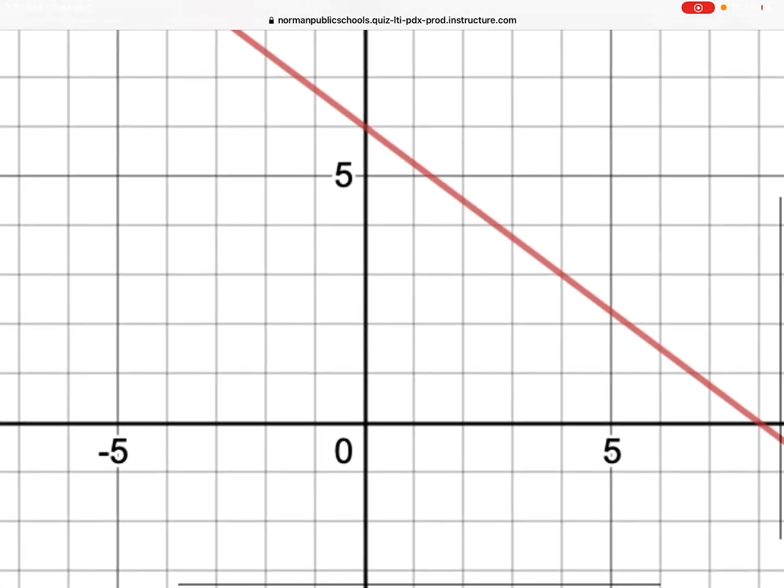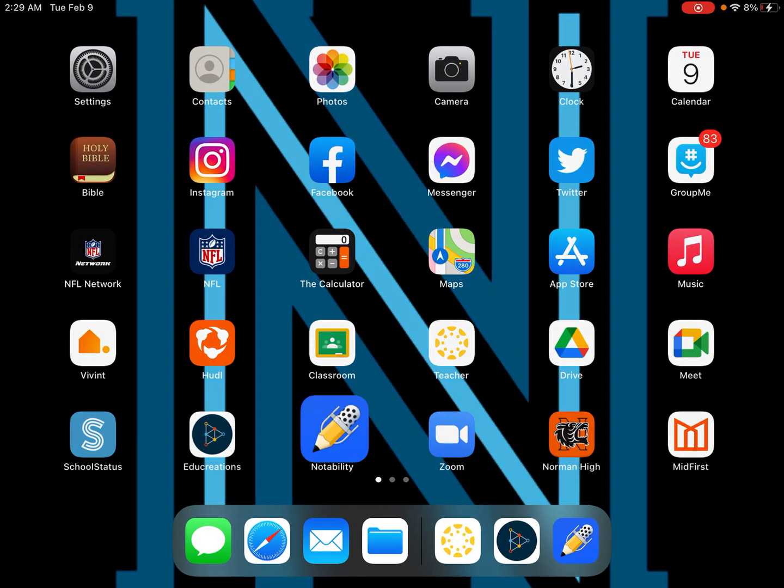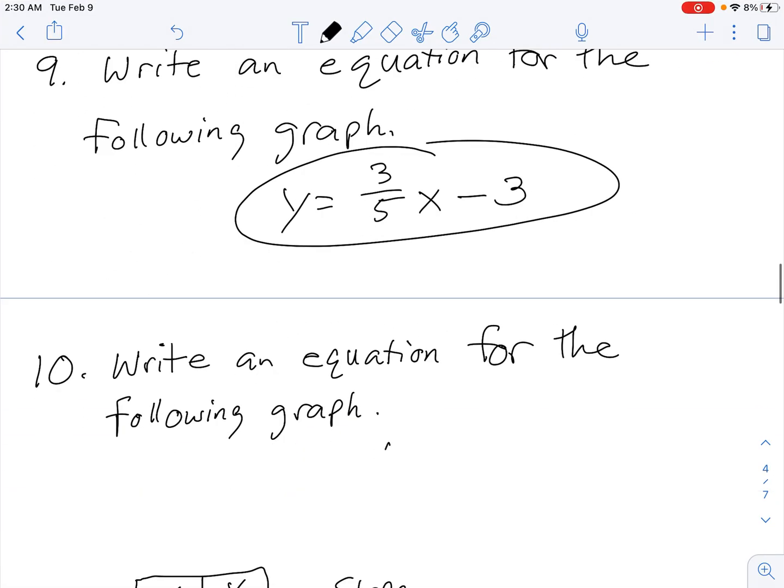So we're going to use those 2 points. From the y-intercept, which is at 6, to get to the next clean point, I would go down 1, 2, 3, so that would be -3, and then right 1, 2, 3, 4. So -3 over 4.